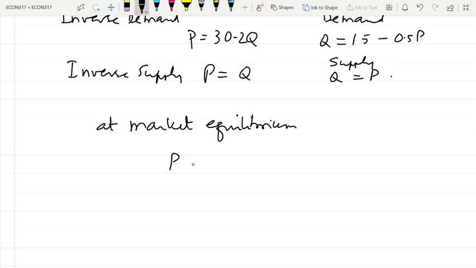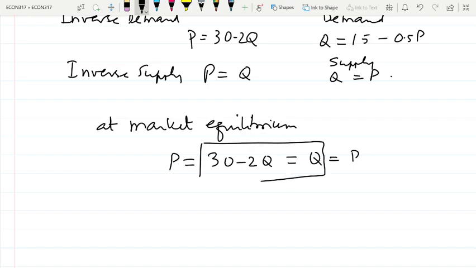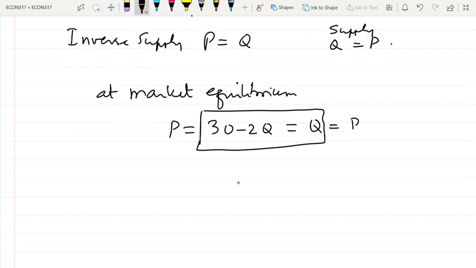So let's write it this way: price equal to 30 minus 2Q, the price obtained from the inverse demand, is equal to Q, the price obtained from the inverse supply. This gives us a relationship between quantity demanded on the left and quantity supplied on the right, both leading to the identical price.